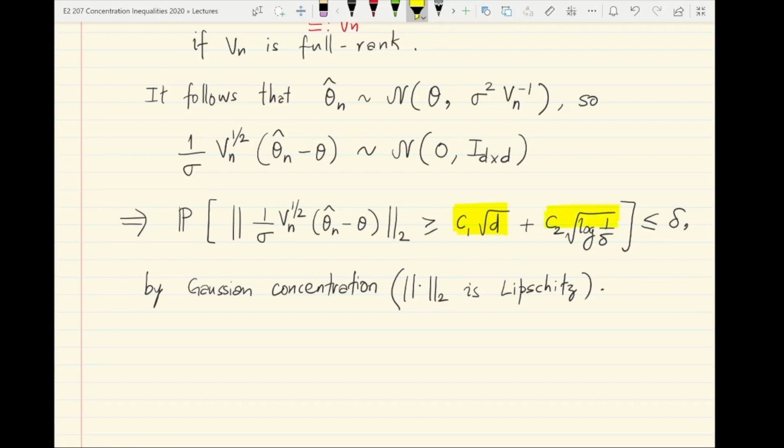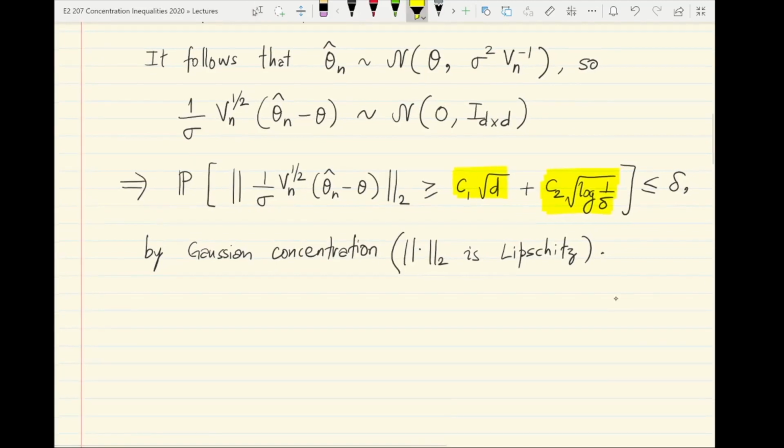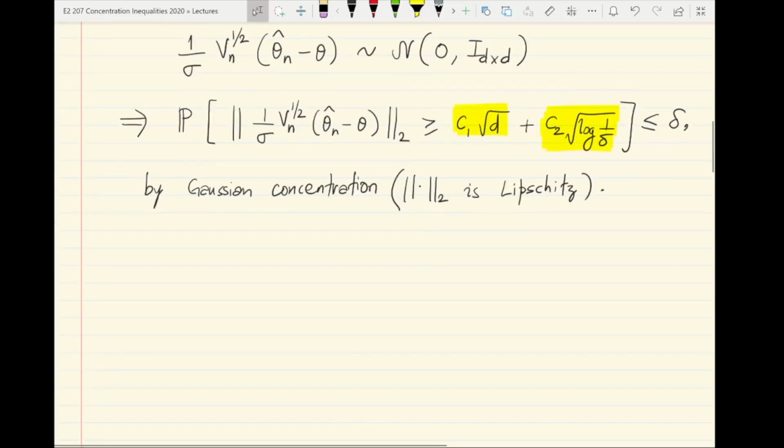So the second term here comes from concentration about the mean. The first term is basically from estimating the expected norm of a Gaussian vector itself. So this is standard. We basically get this kind of concentration inequality for the fluctuation of theta hat n about theta with respect to the shape Vn as well.